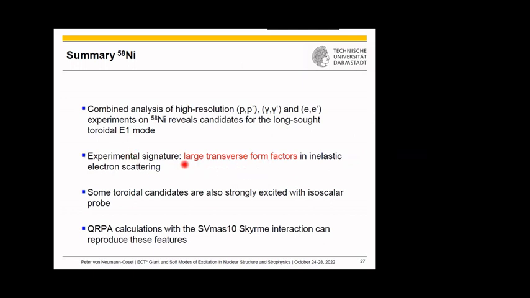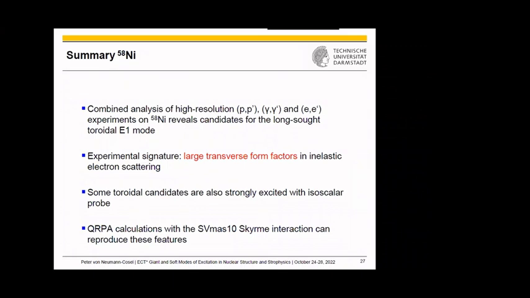The signature is that these are large for an E1 transition, much larger than you would expect for isovector excitations or isoscalar compressional excitations. I showed you also that some of these toroidal candidates are strongly excited with the isoscalar probe in the alpha-prime gamma data, and in general, QRPA calculations with this Sturm interaction, which is the one with the large effective mass, can reproduce these features.